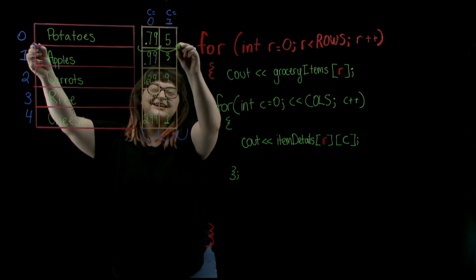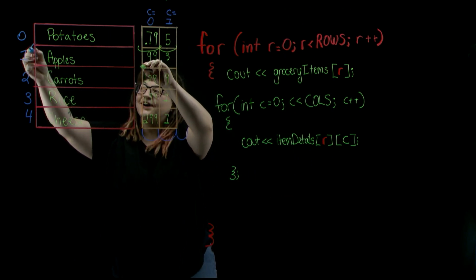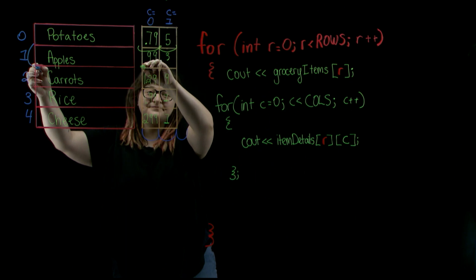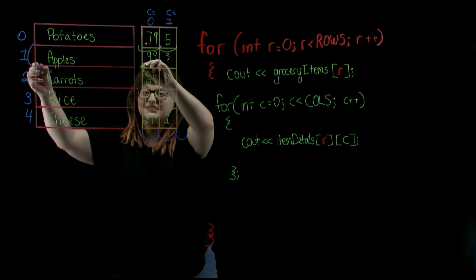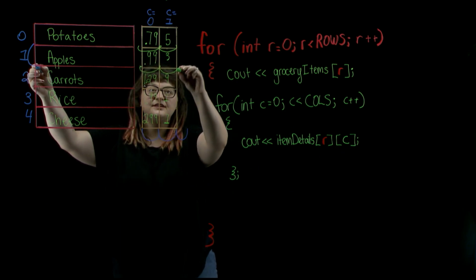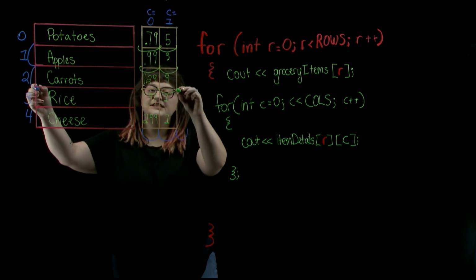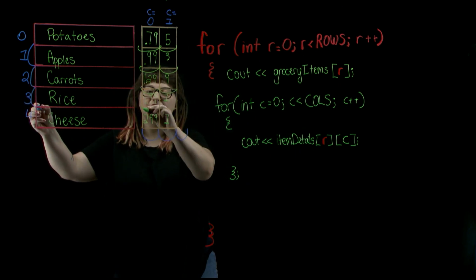Then we're going to exit our nested for loop. C is going to reset to 0. R is going to increment to 1. And this means that we're starting our second row here, but we go back to the first column in our 2D array. And then we'll just continue through like this until we finish going all the way through.